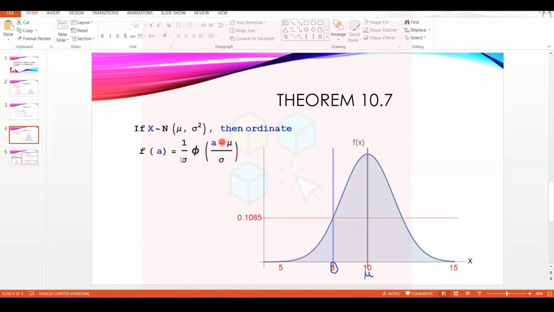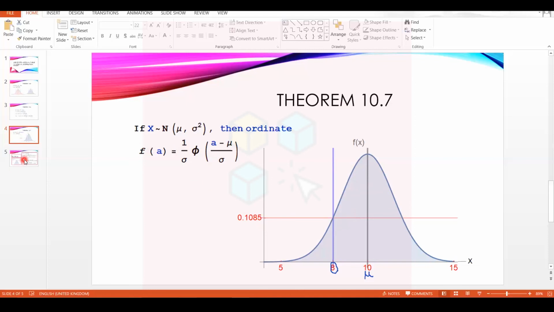All three values will be substituted in this expression, and it gives you some value. Then phi of that value we will locate in our table, the ordinate table, which I think is table 7, and then you will have your ordinate. The ordinate would be the same, 0.1085. So theorem 10.7 is used for the ordinate.